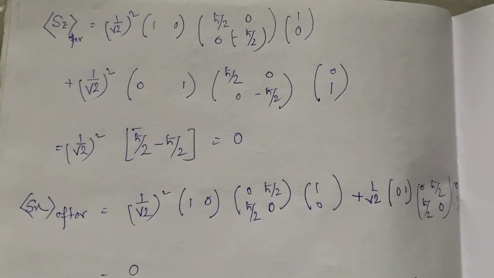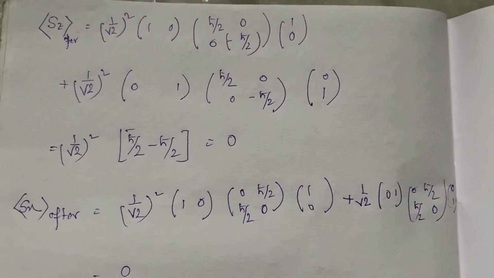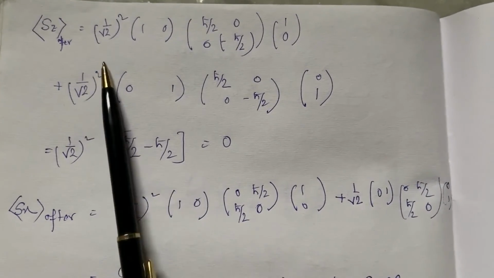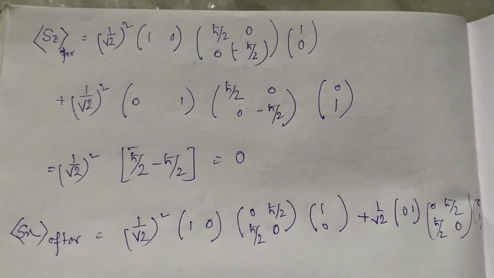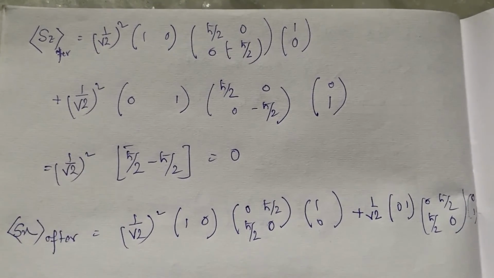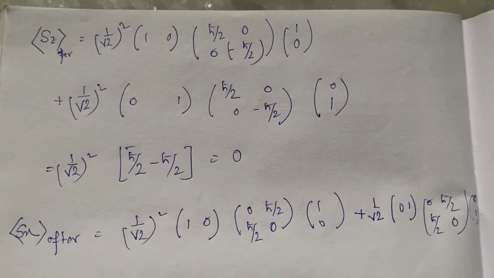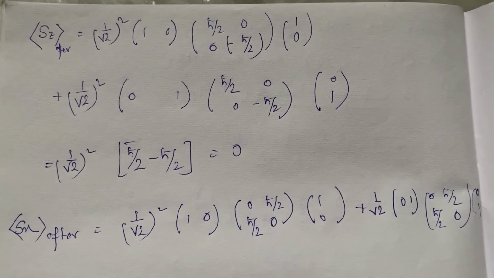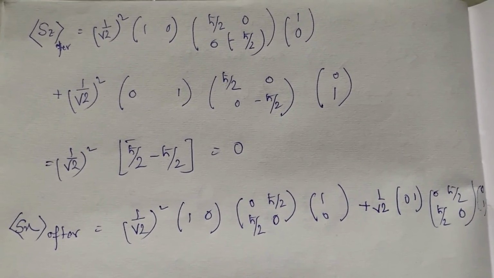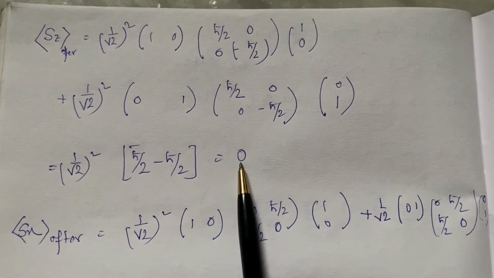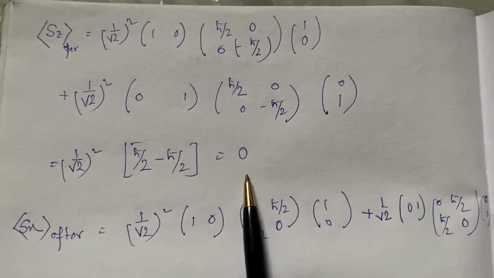So let us calculate. We have calculated the expectation value of Sz in the state which I obtained after I tried to measure the value of Sz, and I have found that it is 0, and it should be.